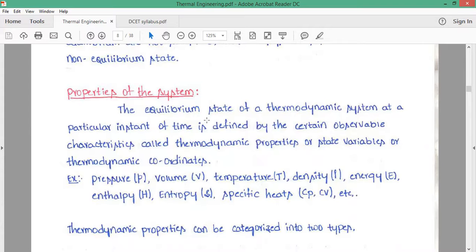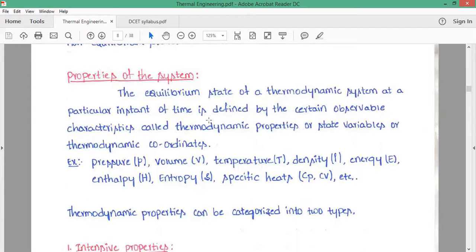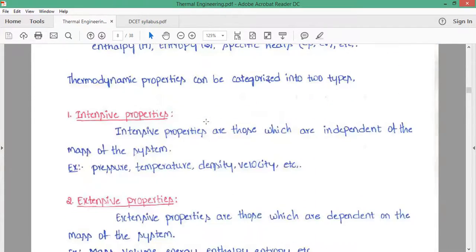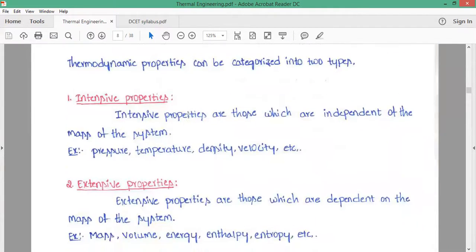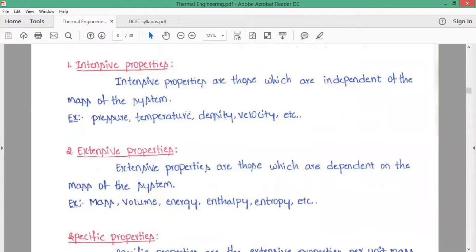Now, if I consider a 1 liter water bottle, it is going to have some pressure, some volume, some temperature. If I describe the water present within the bottle using any of the thermodynamic properties like pressure, volume, temperature, then such properties are called thermodynamic properties or thermodynamic coordinates. These thermodynamic properties can be categorized into two types: intensive properties and extensive properties.